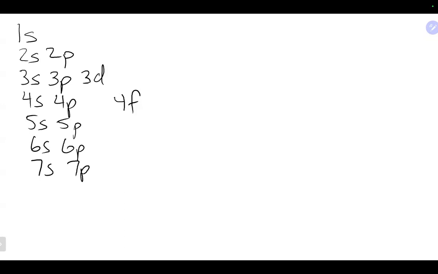Then you would fill in underneath the d, 4d, 5d. This one actually only goes to 6. Truthfully, if you put 7, you'll never get there anyway, so you'll be okay. And 4f and 5f. Now you basically recreated that little chart just by remembering 1, 2, 3, and 4. Just move them over and down.